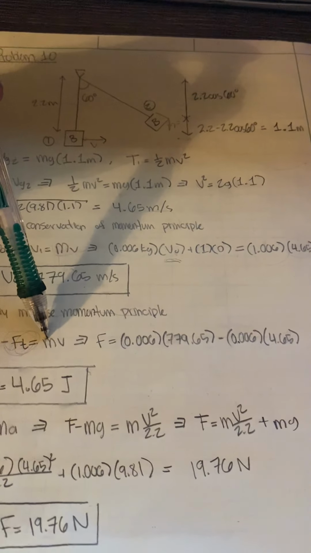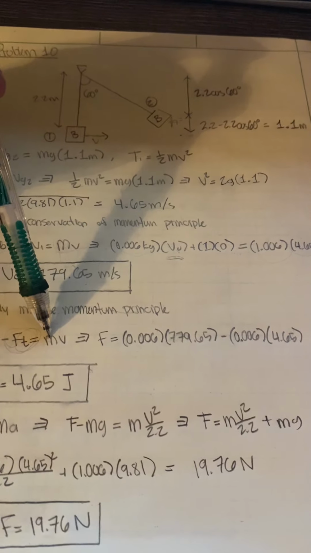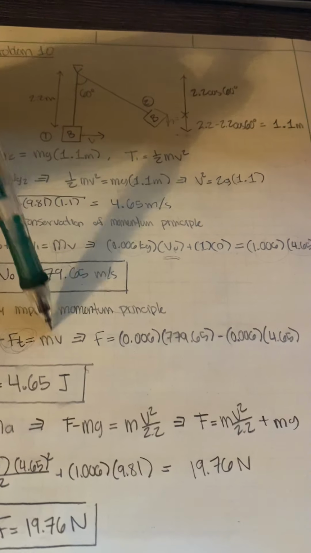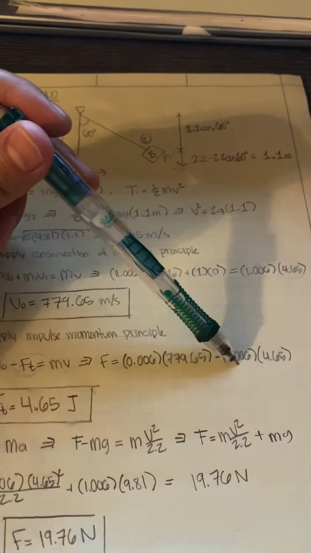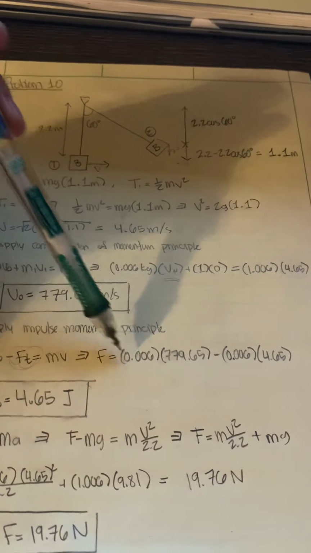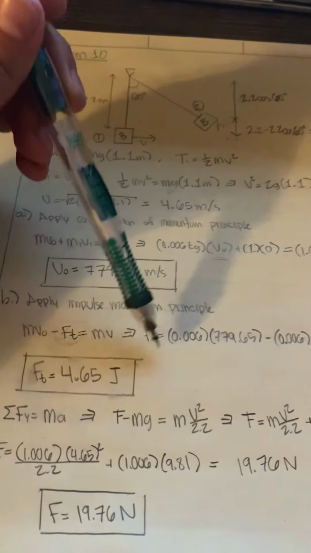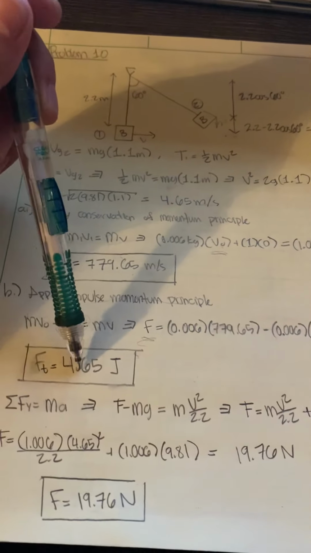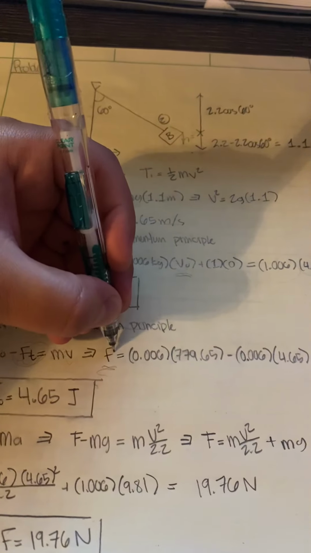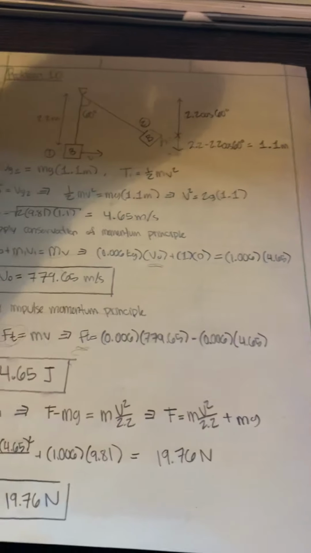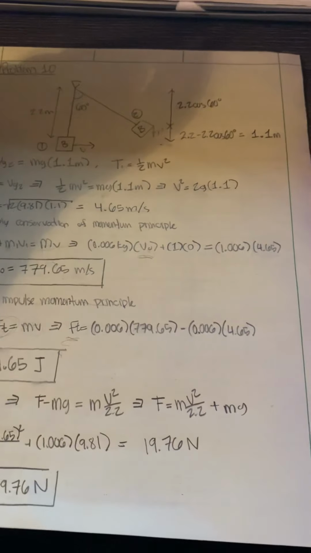And right here will be the mass of the bullet as well, with the velocity after the impact. So we plug in all of these values, solve for F, and we get 4.65. Sorry, this is FT, which stands for the impulse imparted by the bullet.